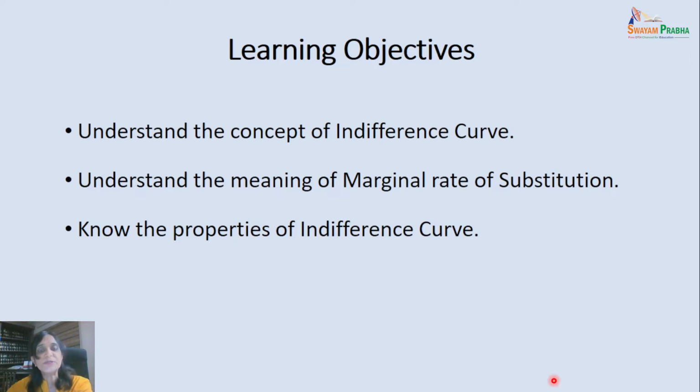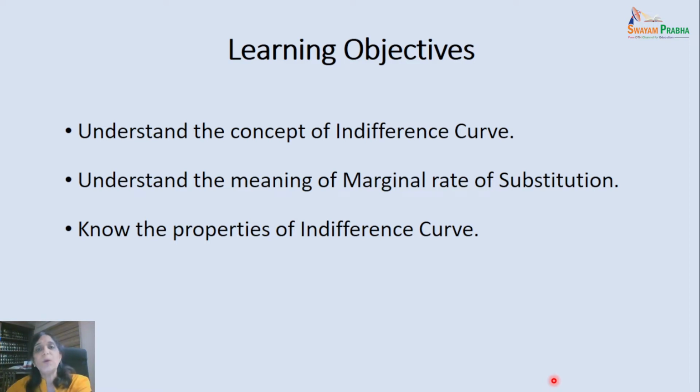What was the difference between cardinal and ordinal approach, learners? Cardinal approach said that a consumer is able to measure the utility he or she derives by consumption of any good or service.